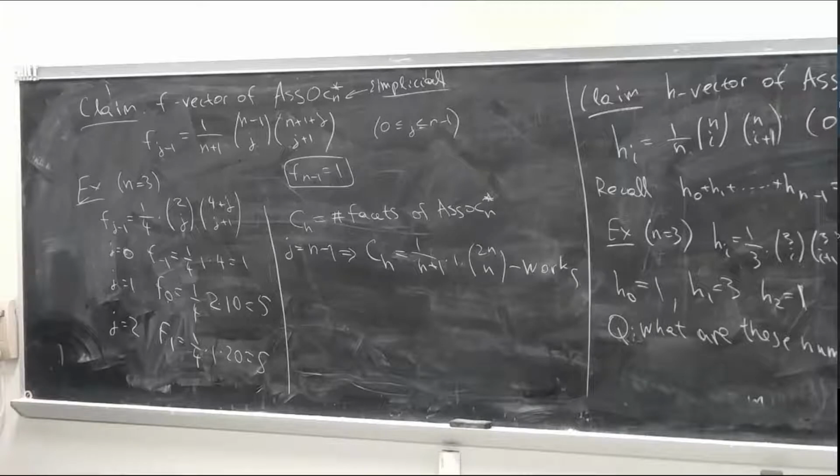How many times it turns? How many right turns? Yeah, that's the correct guess. Thank you. So this is the number of Dyck paths with i plus 1 peaks. A peak means it goes up and then right.